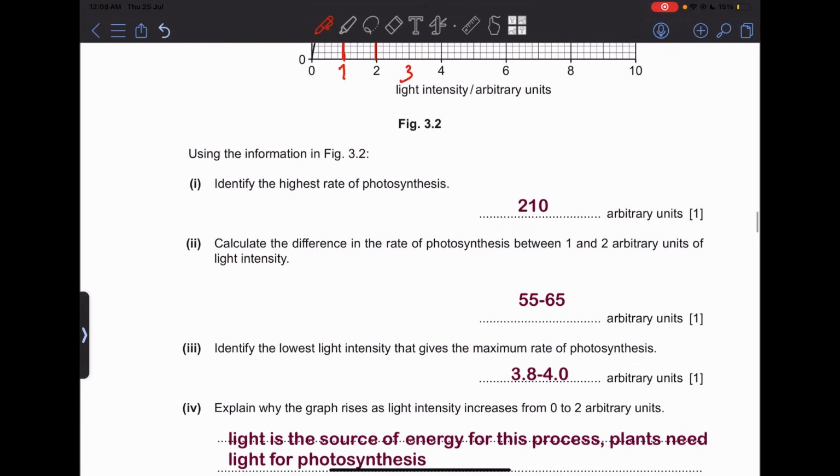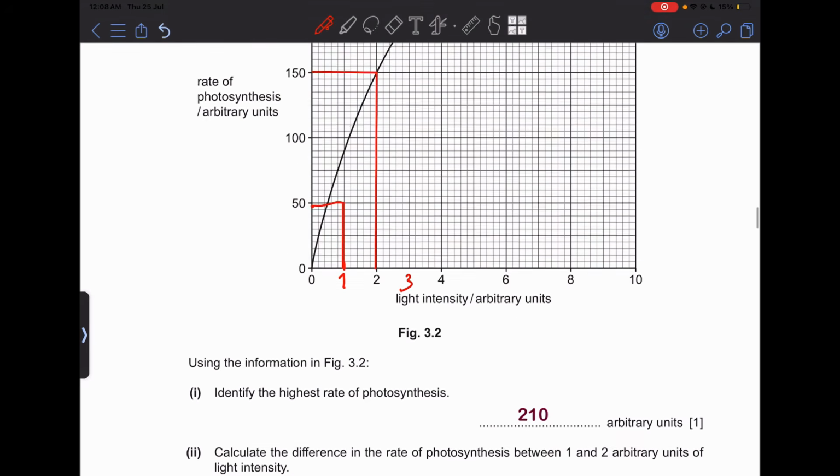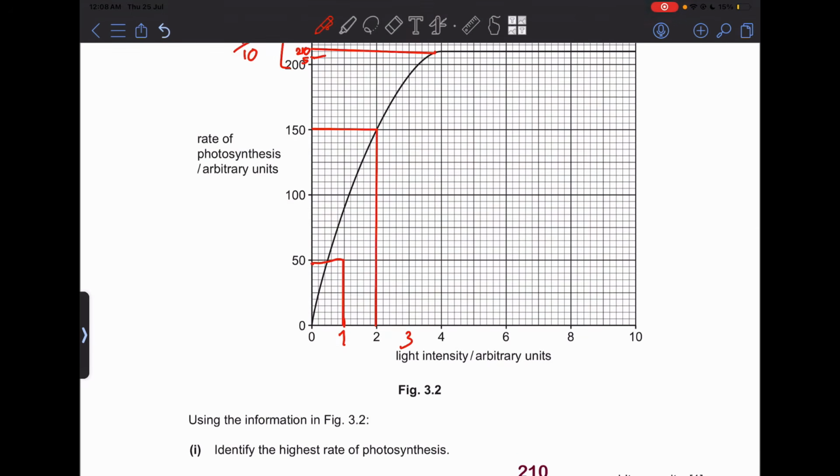Double I, calculate the difference in the rate of photosynthesis between 1 and 2 arbitrary units of light intensity. First of all, you're going to be getting the value of the light intensity at 1 arbitrary unit. Okay, this is around over here.